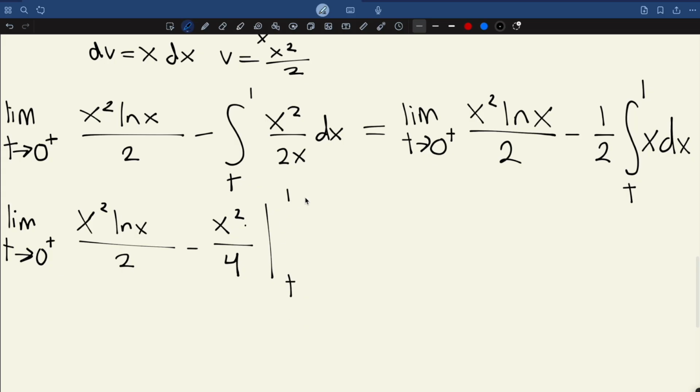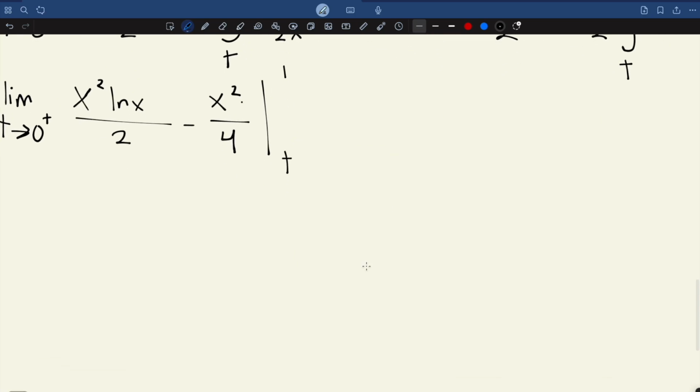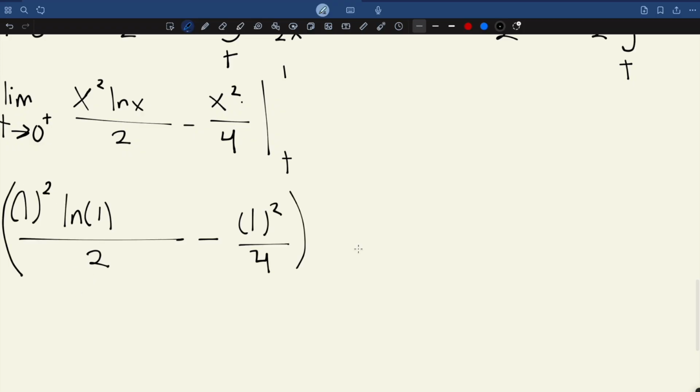All right, so now we just plug in the 1 first. Then we subtract, and since the variable t here represents 0 from the right, we also have to bring the limit into this bracket here. Not this one though, because the t isn't in that first part.